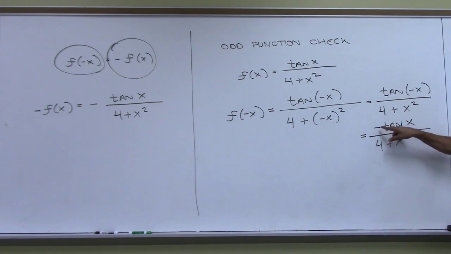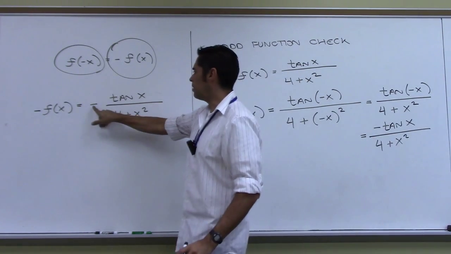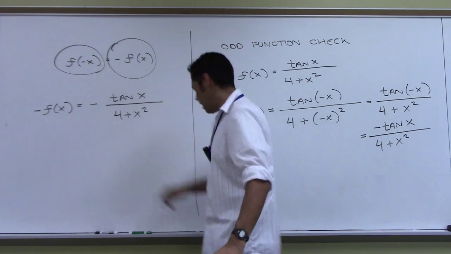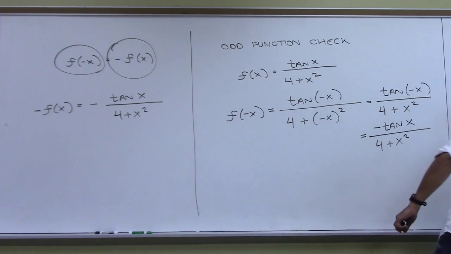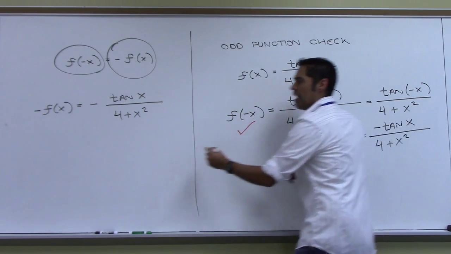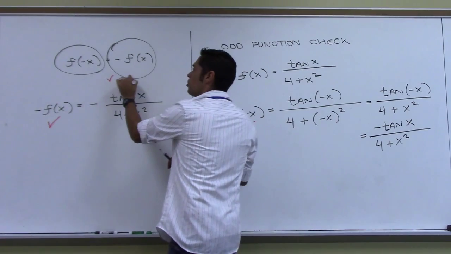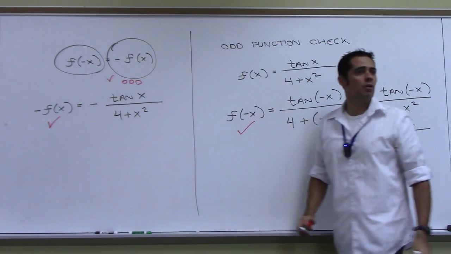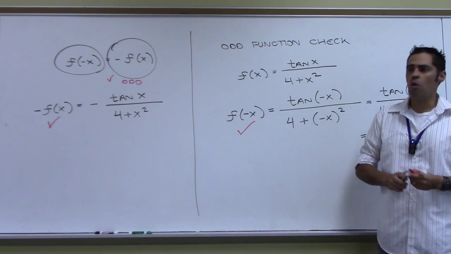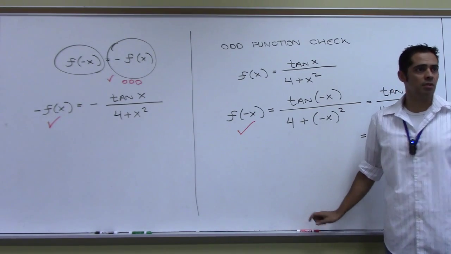That negative can be up top or can be up front. And so what we're saying is that f of negative x is exactly equal to negative f of x, which means it is an odd function, which means the answer is 0, with no work at all. That's using that property.